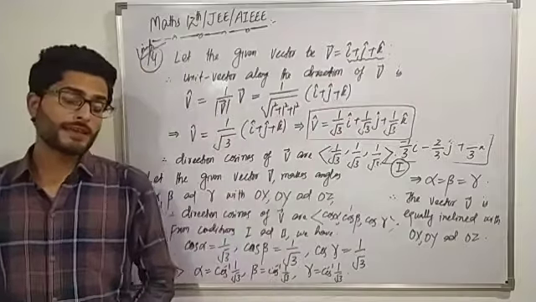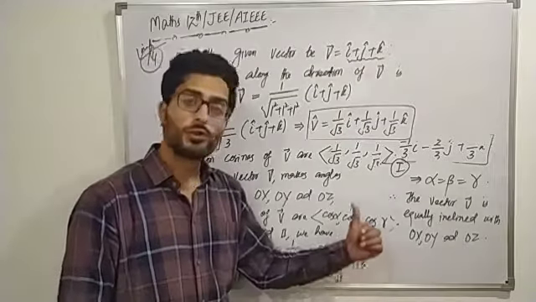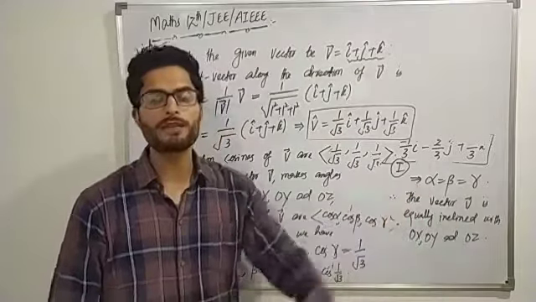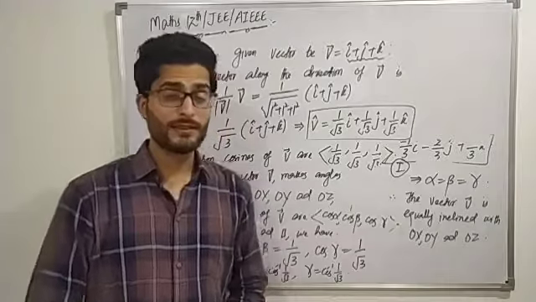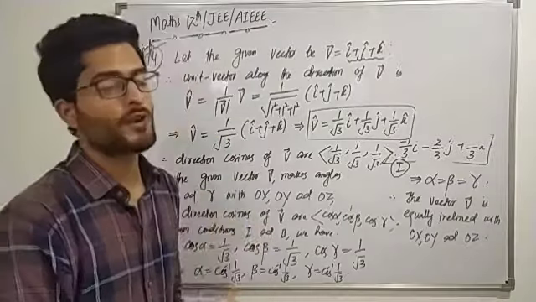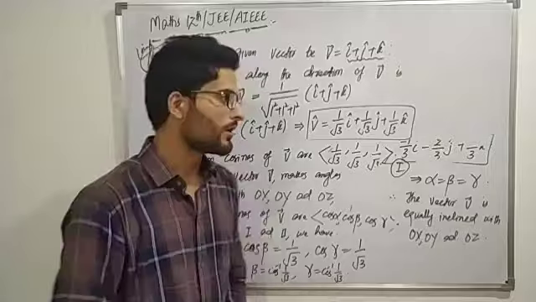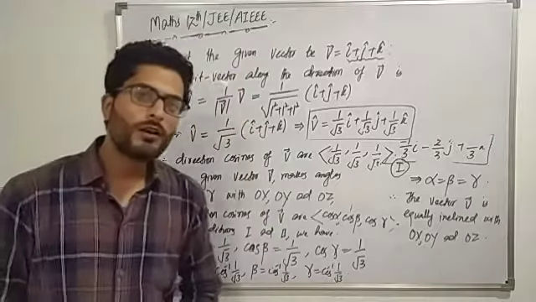The vector v is equally inclined with OX, OY and OZ. Means it makes same angle with all the three positive axes OX, OY and OZ. All about question number 14.